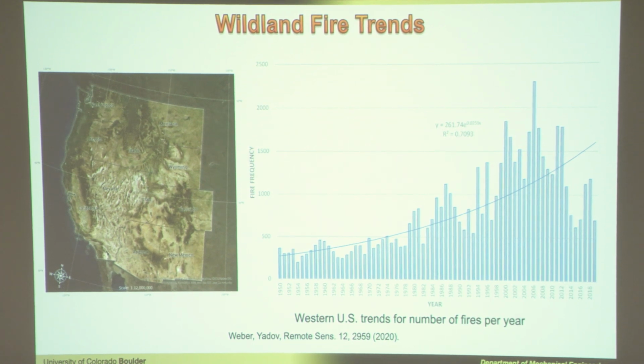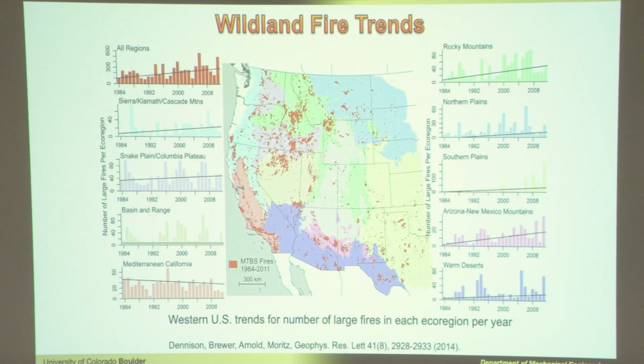So here are wildfire trends, right? This is in the western US. As a function of year, the frequency of wildfires is increasing dramatically, and the size of the fires is increasing dramatically. And this is largely because of climate change, as everything gets dried out.